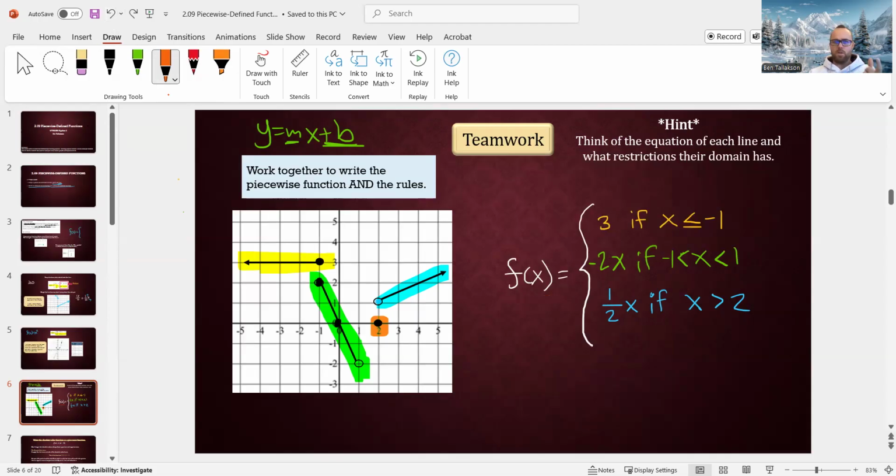So, what's the y value of that point? We didn't go up or down from the origin, did we? So it is 0 if, and here we always talk about x. What's happening with x? Well, it's equal to 2. That's it.